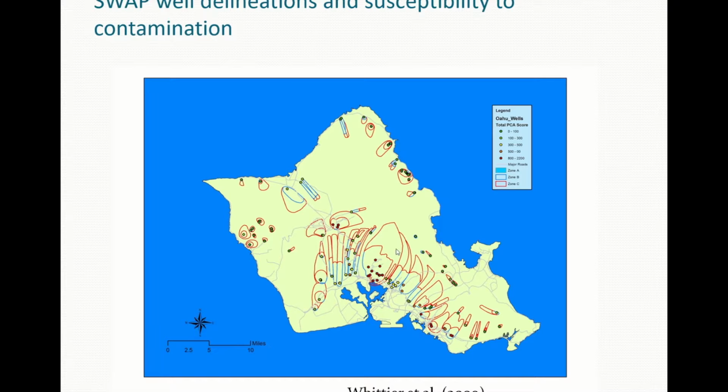For example, I know there are sources of contamination, but I cannot do anything about it. But the county of Maui actually used our results for permitting. So if you want to build a gas station within the area, they would say no, because this is not allowed.